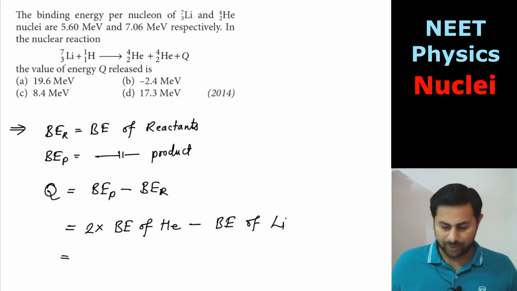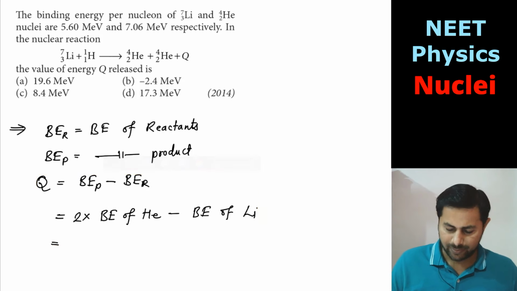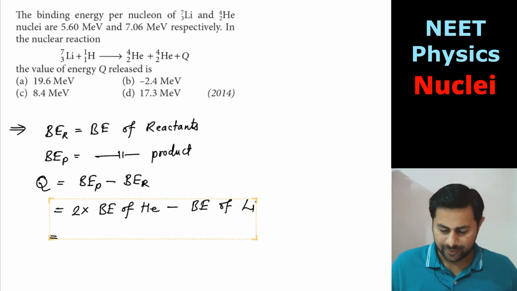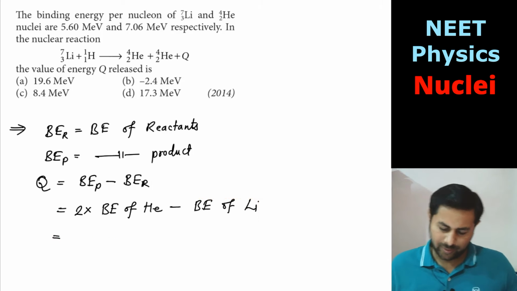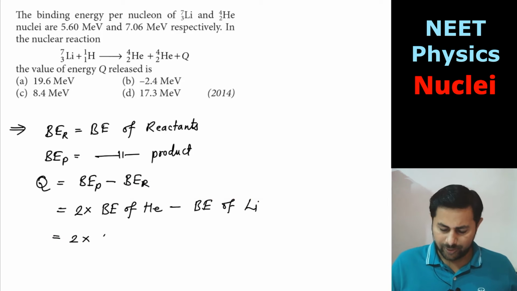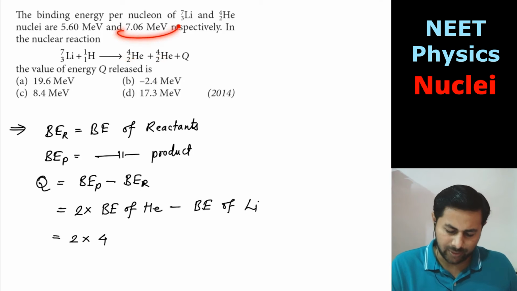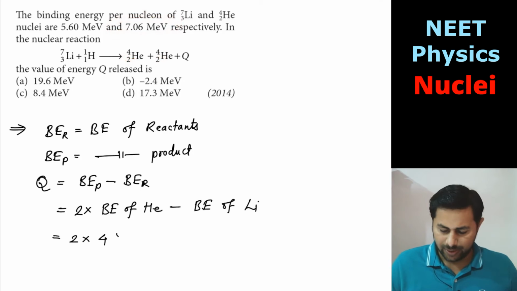So here you might have a question. But let me wait. So that is 2 times the binding energy of helium. What is the binding energy of helium? There are 4 nucleons in each helium, and the binding energy per nucleon is 7.06. So you have 7.06 multiplied, minus the binding energy of lithium, which is 7 times 5.60.